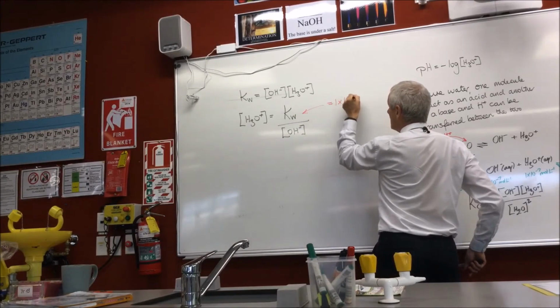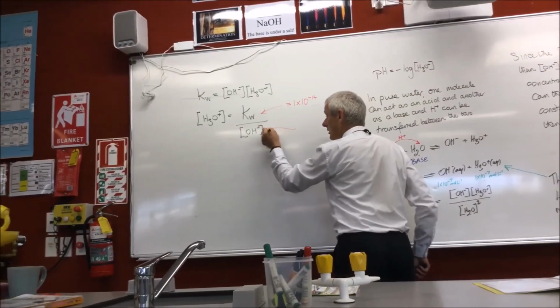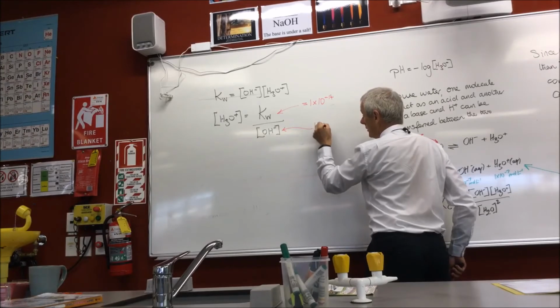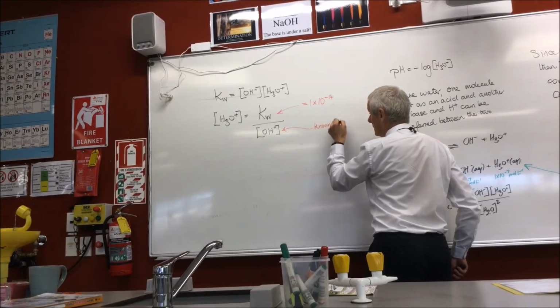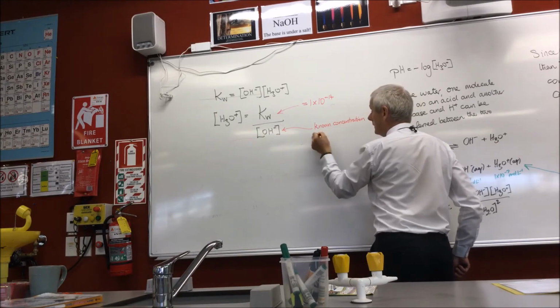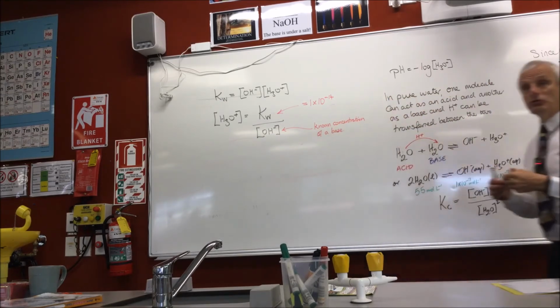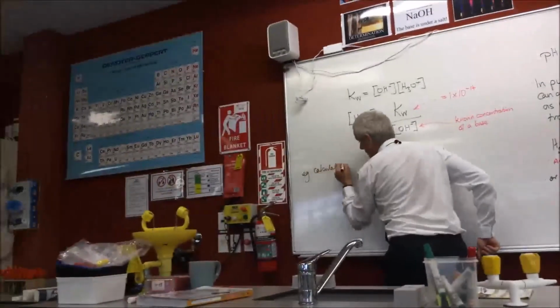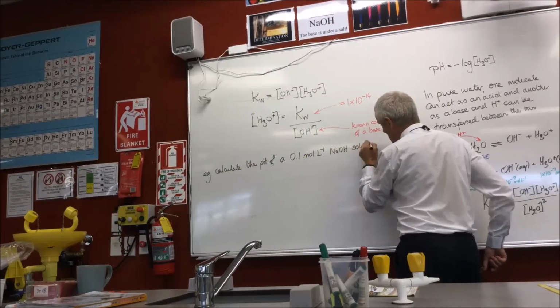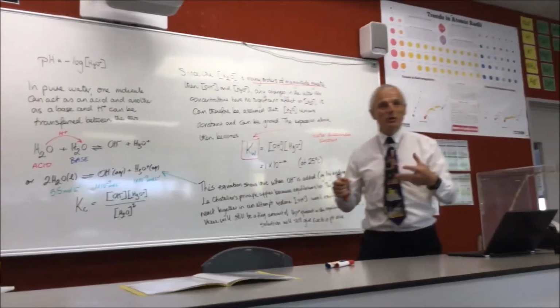That's equal to 1 times 10 to the minus 14. And this is the known concentration of the base. The problem we've had is we know what its concentration is, but where do we get the pH from?